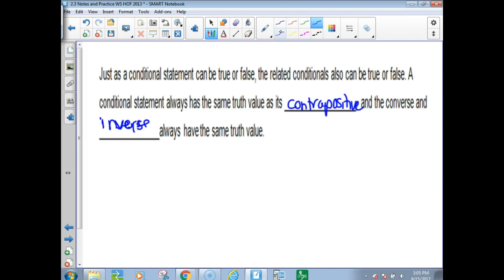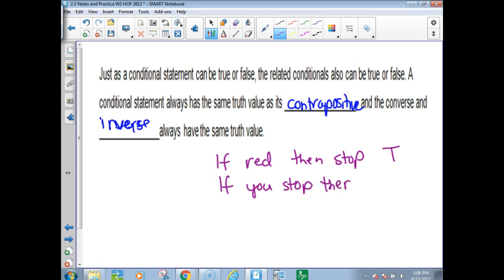Now, I was going to make one up quick. If you're driving, if the light is red, then you stop. That would be true, right? You're supposed to. Okay, if you stop, then it's red. Is that true?